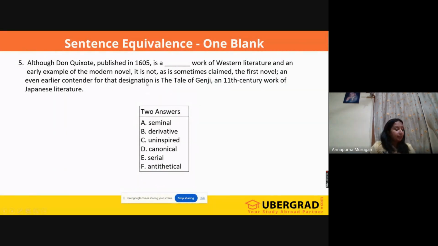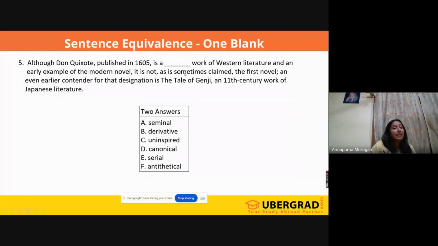let me see the other part also. They are saying that it is not the first novel, as is sometimes claimed, and an even earlier contender for the designation is the Tale of Genji, an 11th century work of Japanese literature.